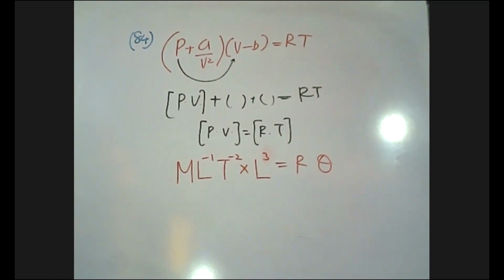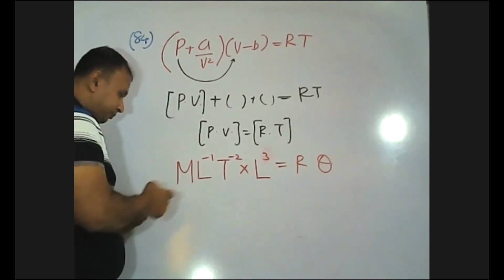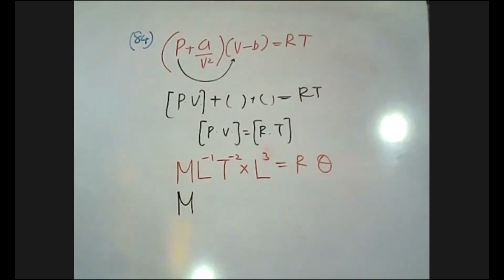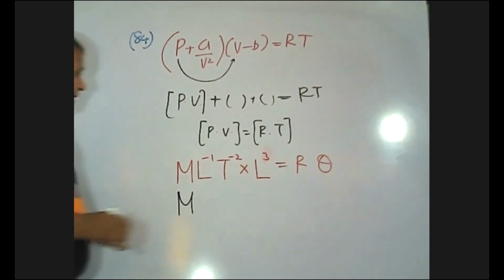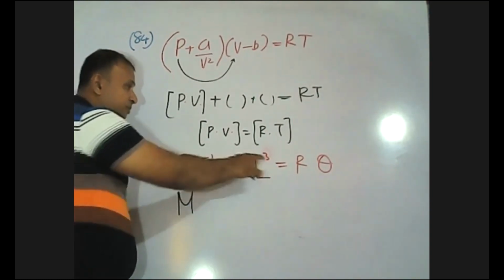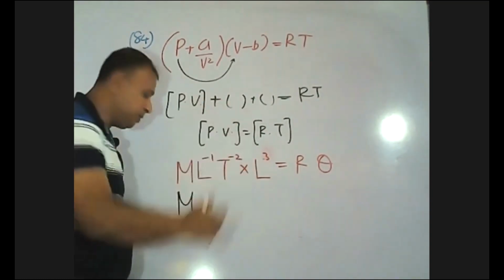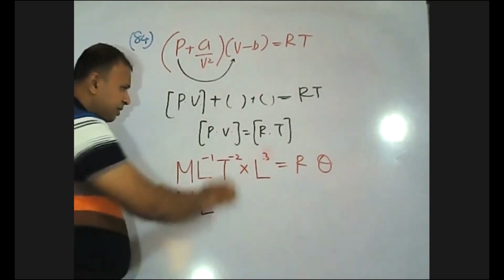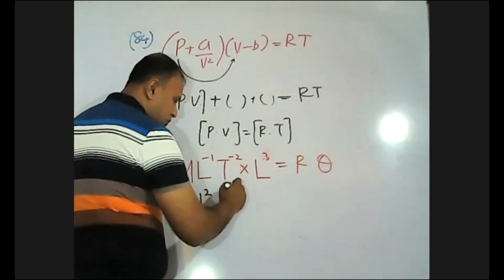Now you can simplify. M is here. L to the power minus 1 plus 3 means plus 2. Then T to the power minus 2.